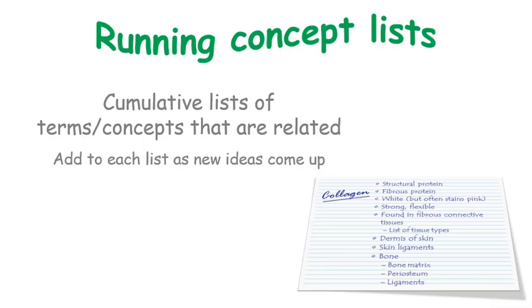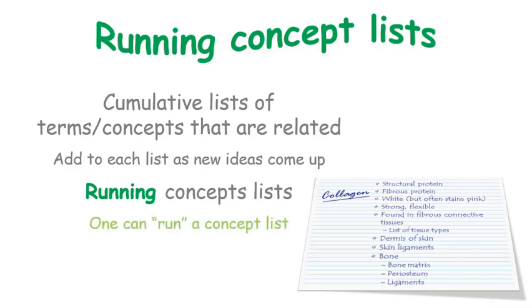And so as we add to each list new ideas as they come up in the course, what we're doing is forming a running concept list. And I use the term running in a couple of different ways, and they both apply here. One is that you actually run that list.